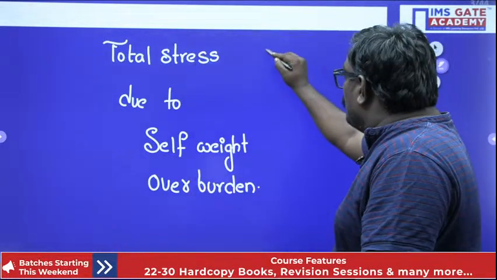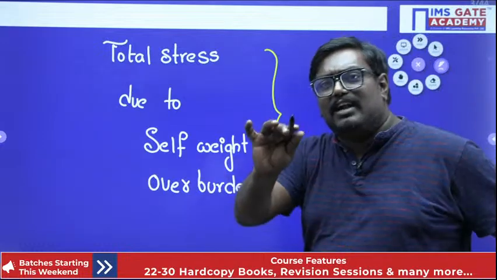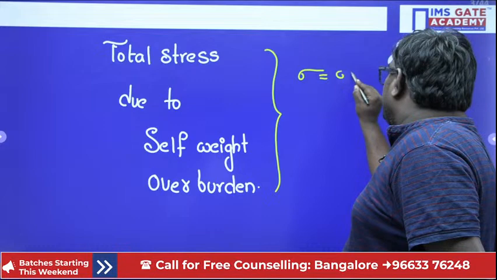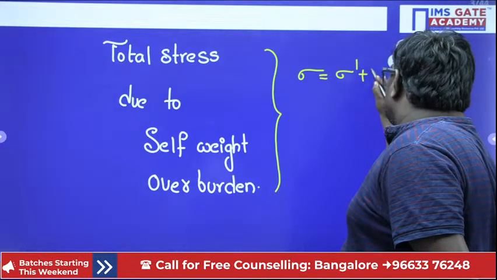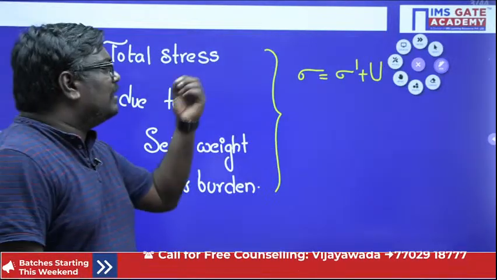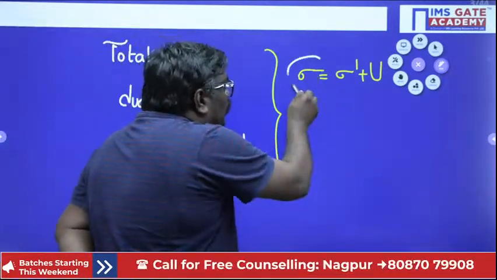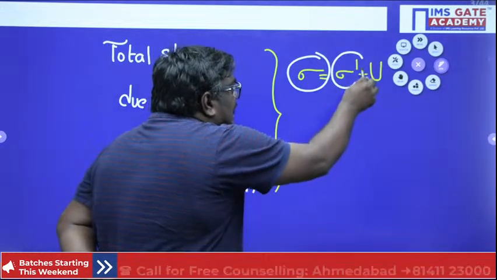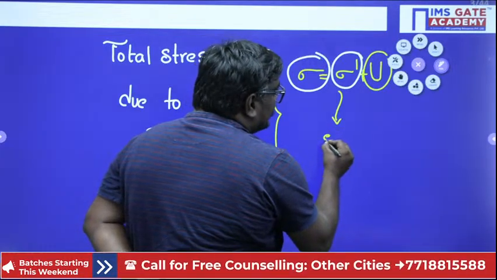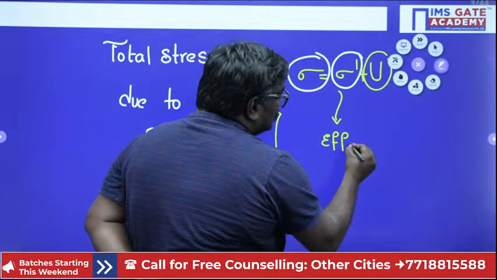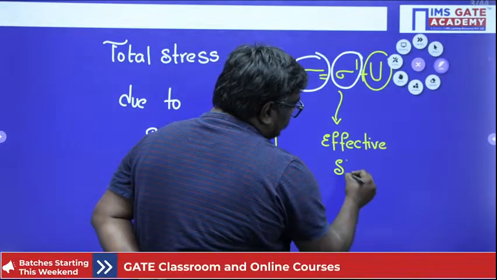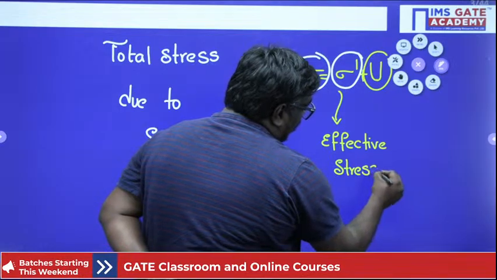Okay. Now, here my dear students, I will tell you a very important thing. Total stress can be written as effective stress plus U. See, this beautiful thing you have to understand. Total stress is taken as a summation of effective stress and U. What is U?